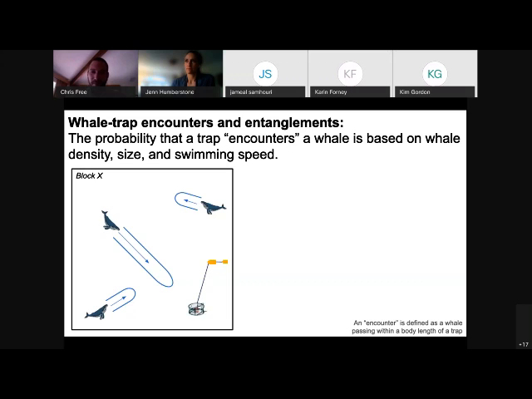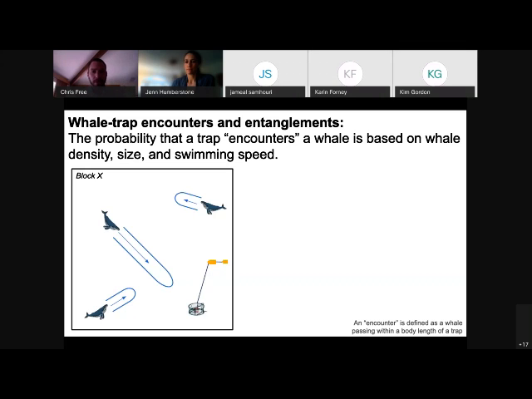And so we're actually borrowing a really simple equation from ideal gas theory that suggests that if you know how many whales are in a block, and you know about how fast they swim and how big they are, you know how efficiently they're searching for a trap, and you know something about the likelihood that a trap will encounter a whale, again, a whale passing within one body length.